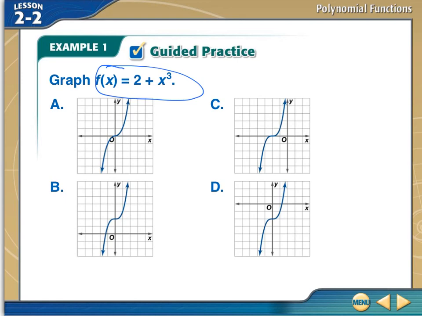On top of that, think about what is the parent function of 2 plus x cubed, and what type of transformation is involved between the parent function and f of x equals 2 plus x cubed. So all I'm asking you to do right now is graph this function and match up this function with the correct graph, A, B, C, or D. And press submit.